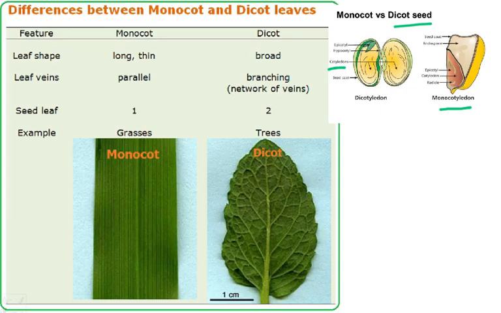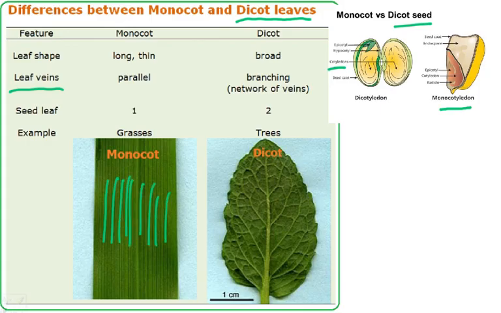But the other important differences are between the leaves and the venation, the leaf veins. Now you can see these are parallel veins, and they are found more in grasses. And if you just go out and look at the grass, you can see these leaves. And this was a network of veins. You see this is the midrib, and then there's a network of veins.